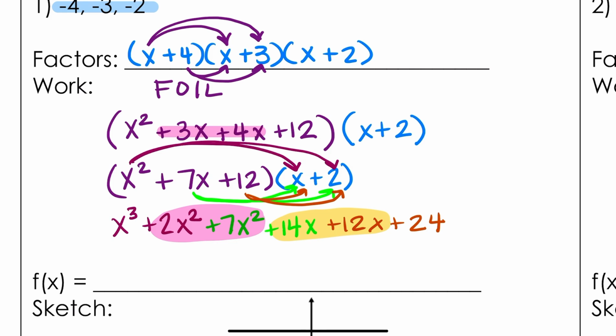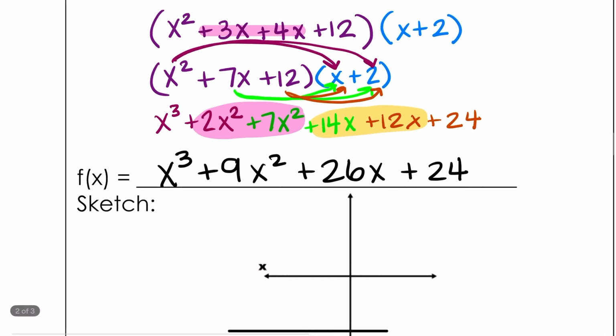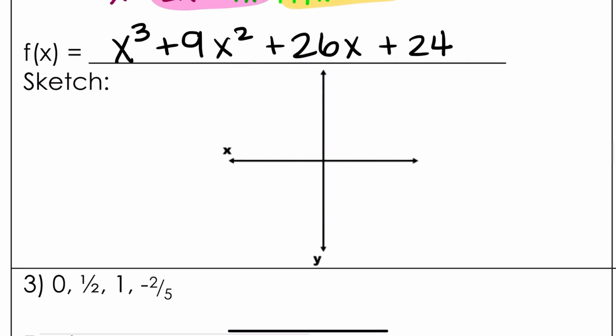So our final answer is f of x is equal to x to the third power plus 9x squared plus 26x plus 24. And as you can see, it is already in standard form. So we're now going to sketch the graph.